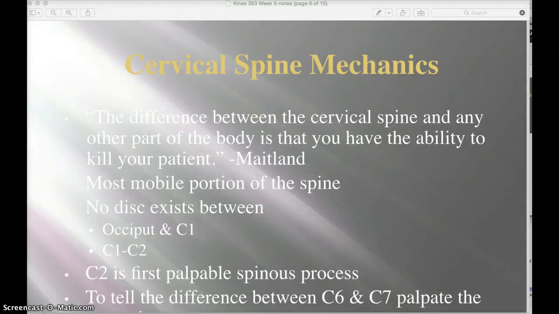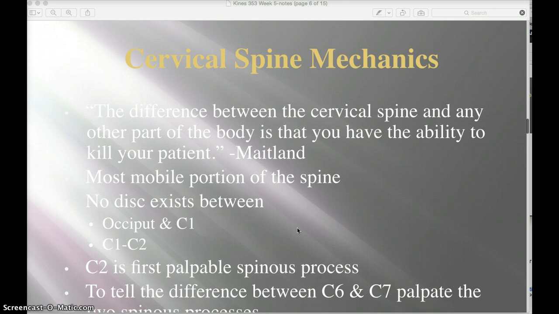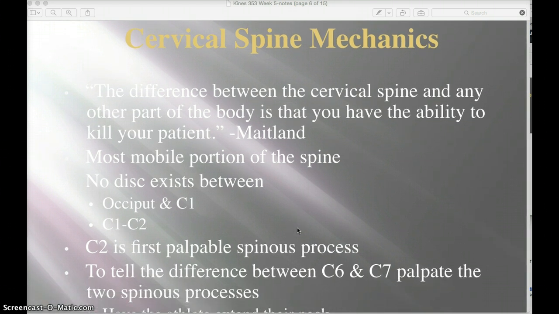And just a few things to note about the cervical spine. It says the difference between the cervical spine and any other part of the body is that you have the ability to kill your patient, according to Maitland, one of the doctors who created the joint mobilization techniques.